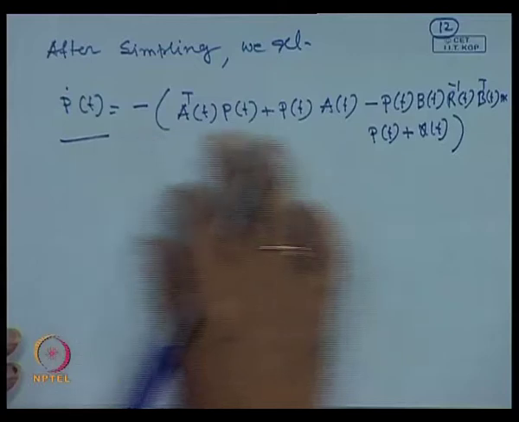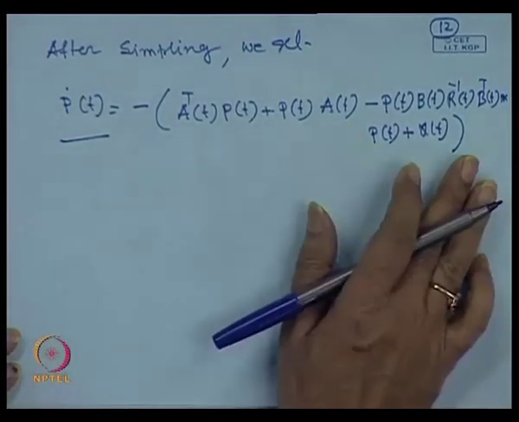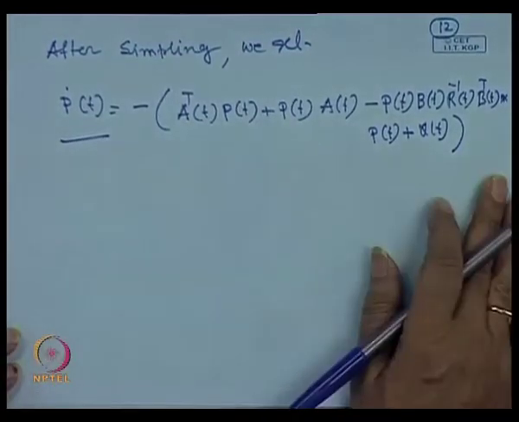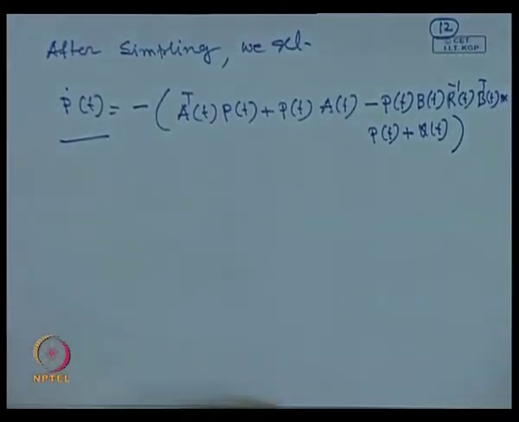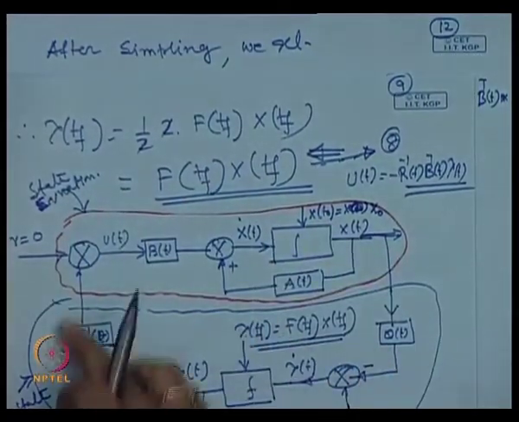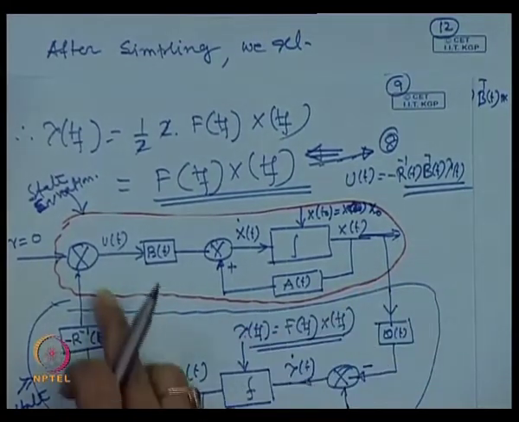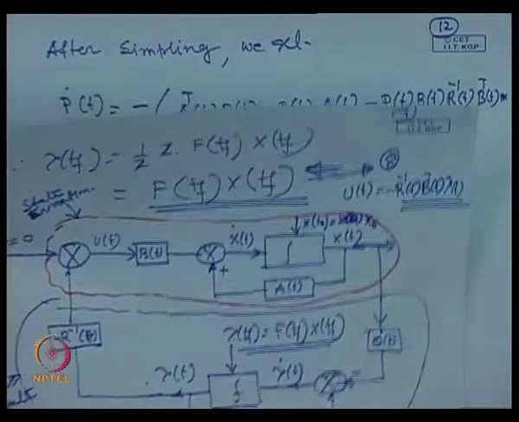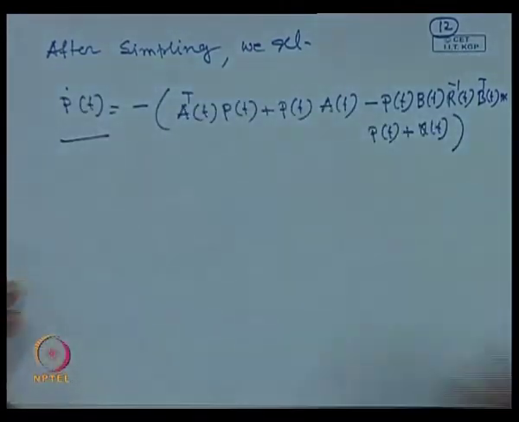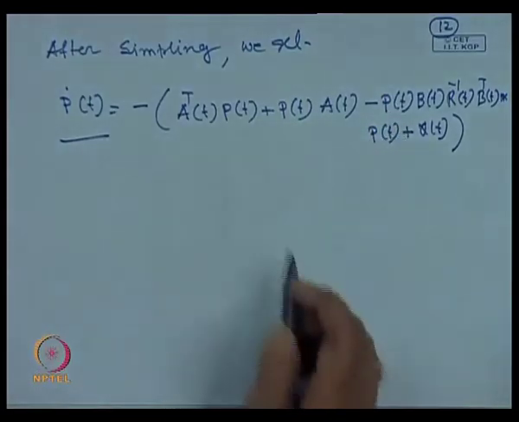Now you see the solution of this one is not dependent on the initial condition, whereas lambda(t_f), when you solve this equation by backward integration, the solution of u is dependent on x(0).